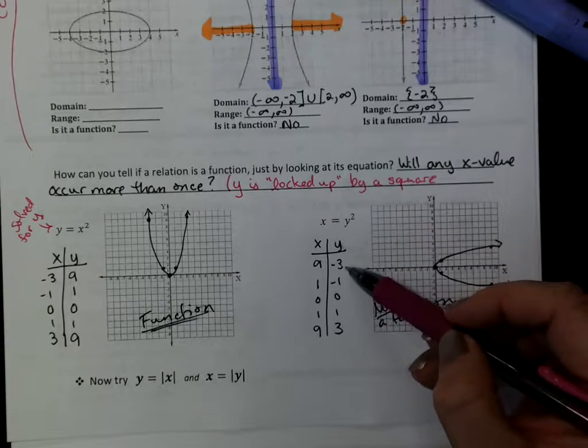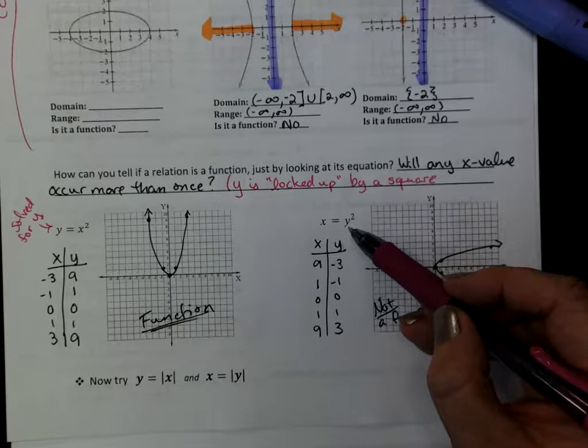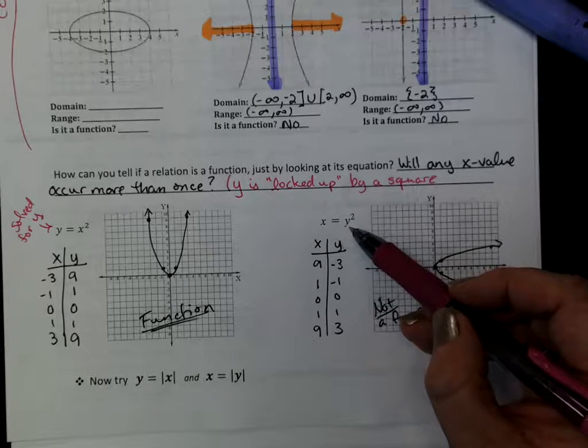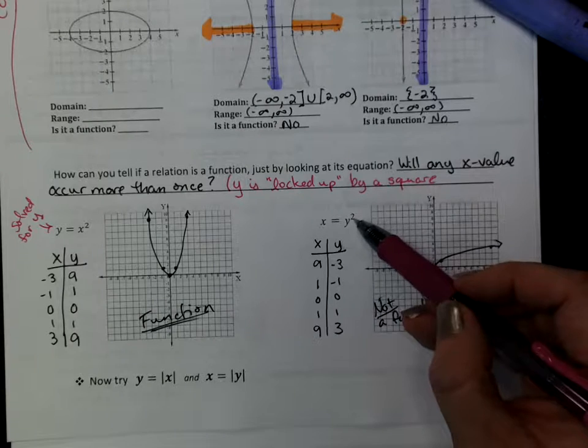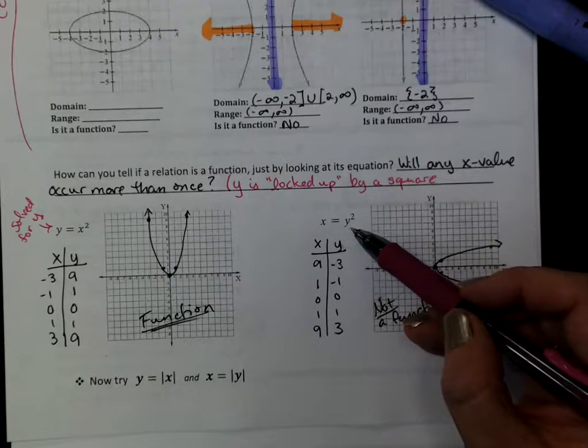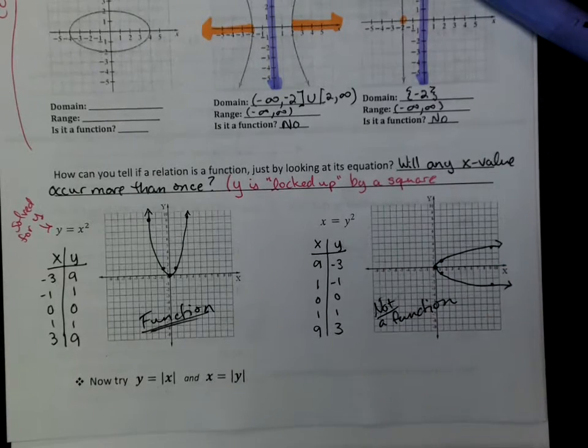And we know by the table of values and visually, when y is locked up by a square, that means if you plug in a y and then the opposite y, I could plug in 5 and negative 5, and both will give me positive 25. A square takes a positive or negative number and spits out a positive. You square something, you always get the positive, because a negative times a negative is positive. So a positive number squared is positive, a negative number squared is positive.